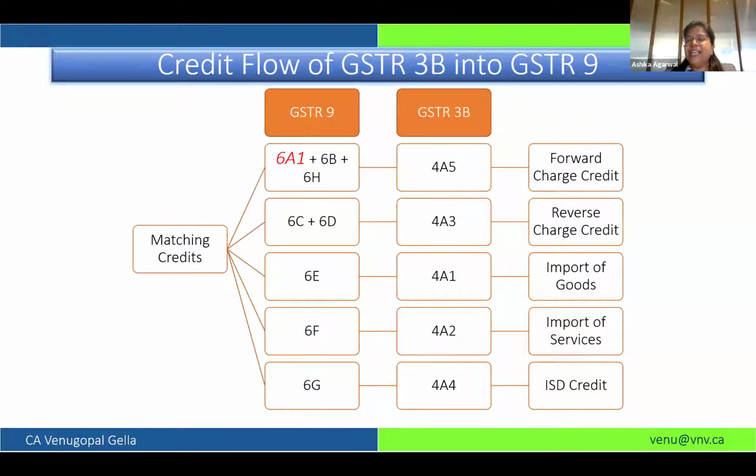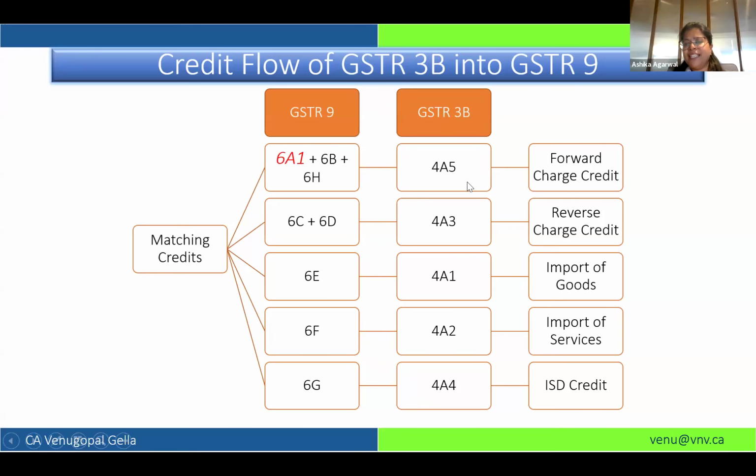Now, suppose there has been an error while filing 3B, meaning you wrongly filled RCM ITC under ISD. It can be a case. If you have made a wrong classification in 3B, it's not that you will continue the same in GSTR 9. Because if you notice, when sir started in the intro session, it was said that it's a last opportunity to rectify.